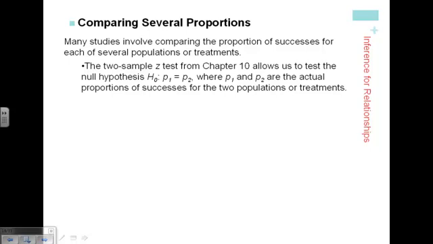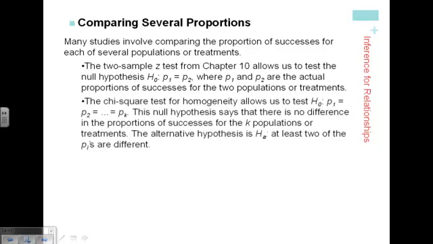We could just as well, from chapter 10, compare P1 versus P2 between two different populations. Do we get different outcomes? The alternative hypothesis is P1 not equal to P2. Chi-square basically says, let's test all those proportions down a line. Does P1 equal P2 equal P3 equal P4?